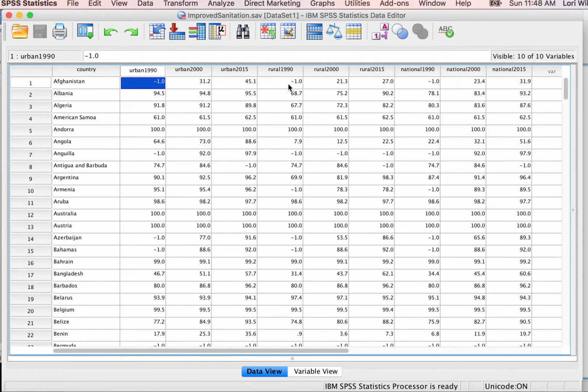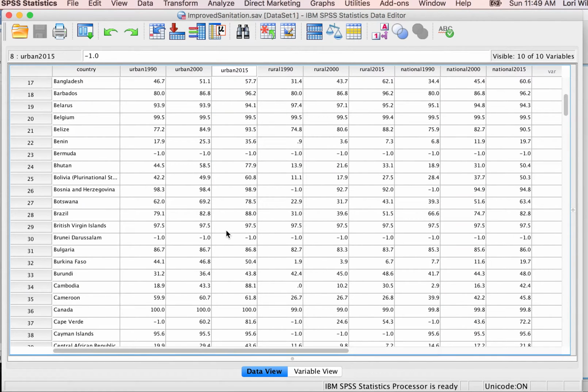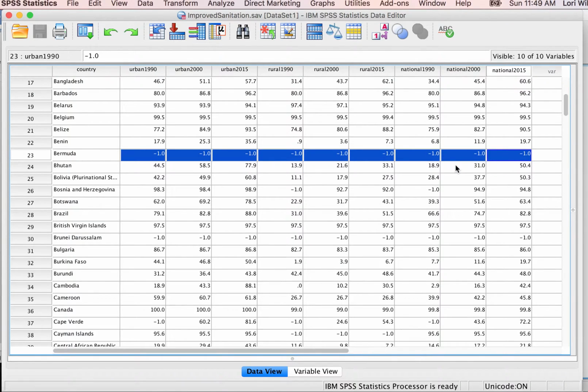It looks like across the board in 1990 we don't have information for Afghanistan. Sometimes for countries it's a different year. Sometimes, let's scroll down here a little ways, for some countries we don't have it for the entire time frame, so we just don't have information for that particular country, but we've included them anyway in the data set in case sometime in the future we do have them.